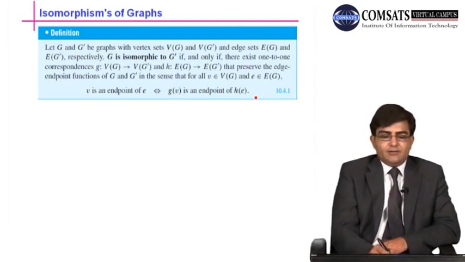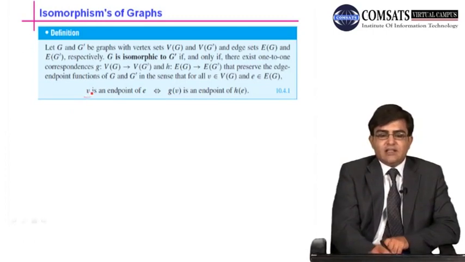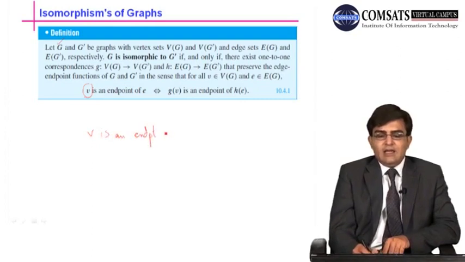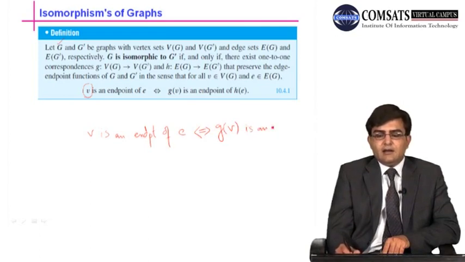It means that if you have any vertex v in graph G, then it is an endpoint of e if and only if g of v is an endpoint of h of e.